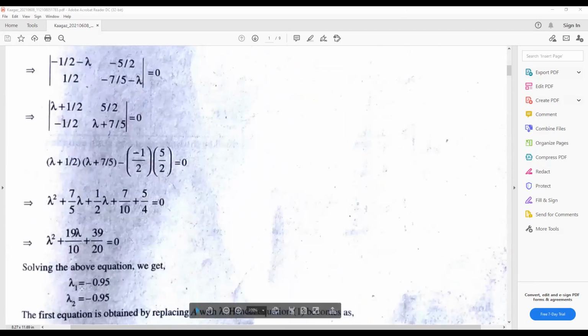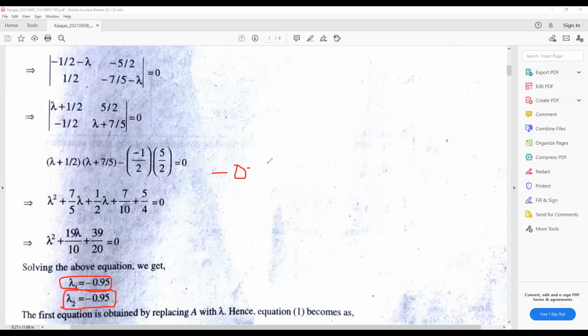The first root is minus 0.75. The second root is also minus 0.75. This is lambda 1, the first root, and the second root is also the same, lambda 2.